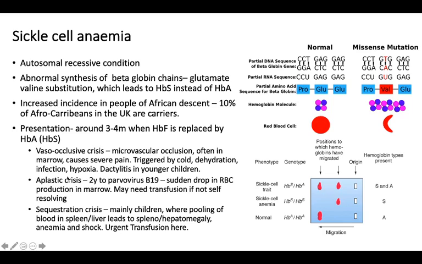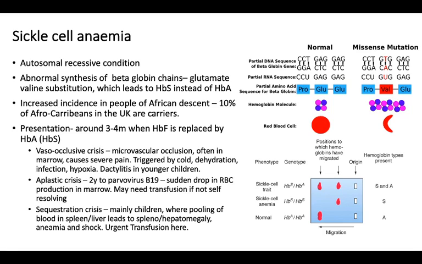So it can present in different ways. There are 3 ways we're going to look at. The first one is a vaso-occlusive crisis. In this, the red cells which have stuck together can occlude small vessels, which is often in the bone marrow of the long bones, and they can cause severe pain.